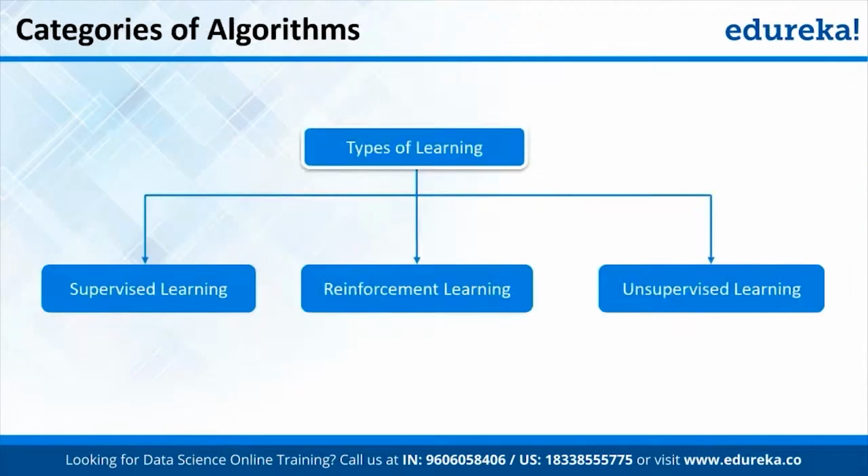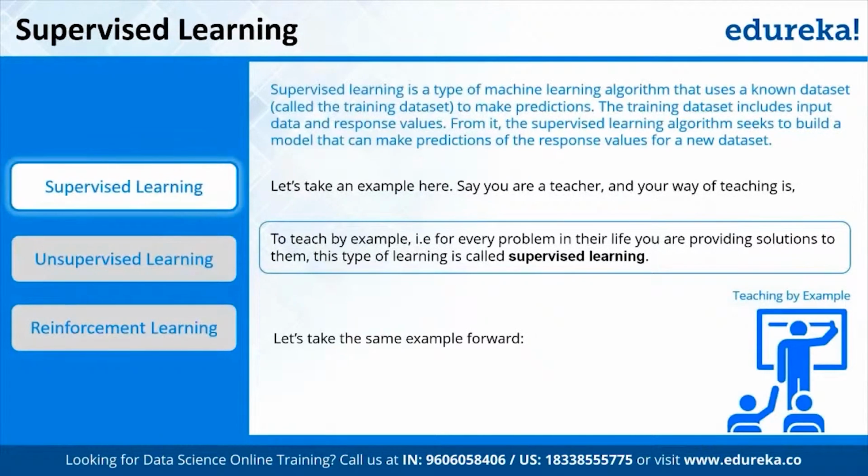Now when we talk about the categories of algorithm, we do have supervised learning, reinforcement learning and unsupervised learning. Let's understand what supervised learning is. Supervised learning is where you have the historical data.